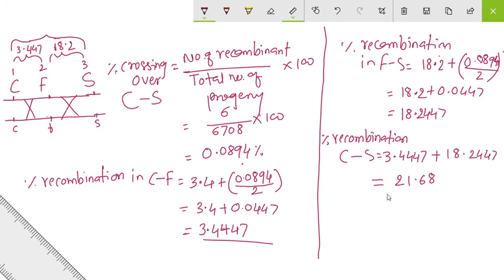So the distance between the two is 21.68 Morgan units. Got it? We have calculated both single crossing over as well as double crossing over, and due to that the recombination, we have calculated the distance between CF, FS and then the total distance. So total distance is 21.68.